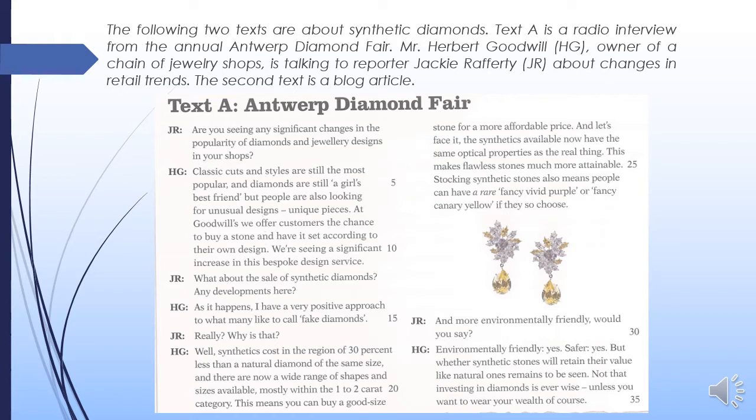This means you can buy a good-sized stone for a more affordable price. And let's face it, synthetics available now have the same optical properties as the real thing. This makes flawless stones much more attainable. Stocking synthetic stones also means people can have a rare, fancy vivid purple or fancy canary yellow if they so choose.